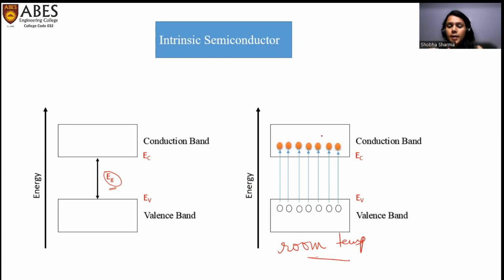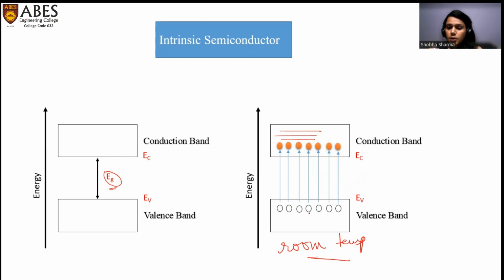Here, since various empty energy states are available, these electrons will move through these empty energy states and conduction will occur. At the same time, these empty energy states, or holes, are left behind when the electrons make a transition from the valence band to the conduction band.